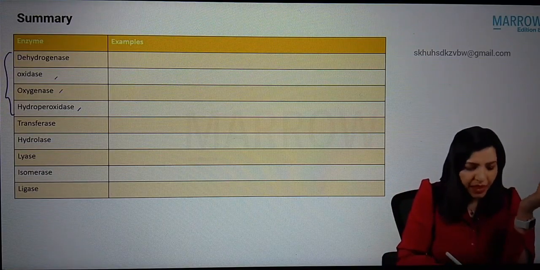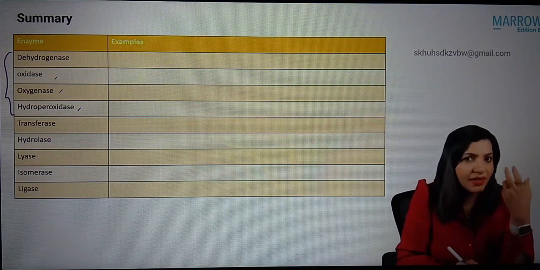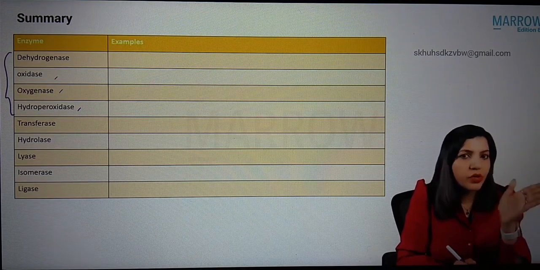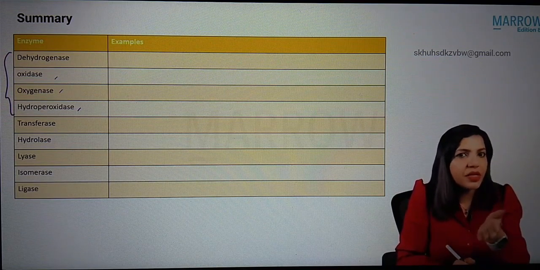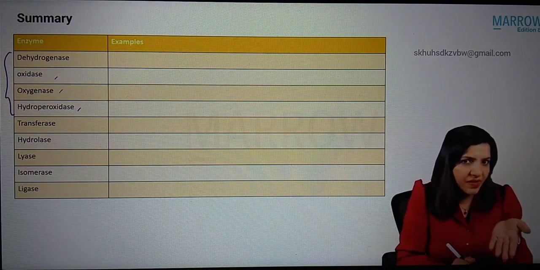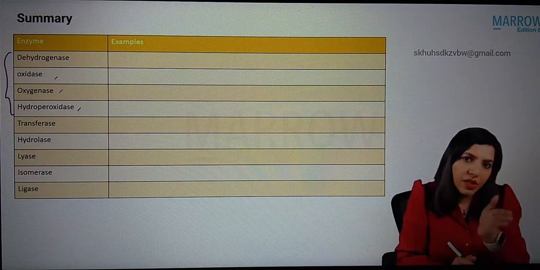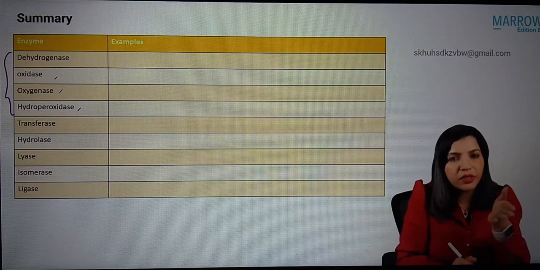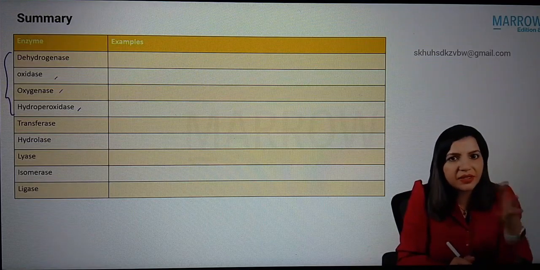Then hydroperoxidases, we have learned two examples under that, peroxidases and catalases. Both of them use hydrogen peroxide as a substrate, but the electron acceptor can be like glutathione, quinones, vitamin C, etc. Then it is called a peroxidase. If the electron acceptor is hydrogen peroxide itself, then it is a catalase. So under the catalase, there is only one enzyme, that is catalase itself.